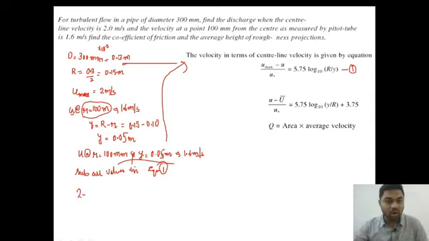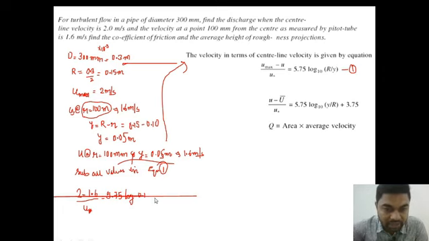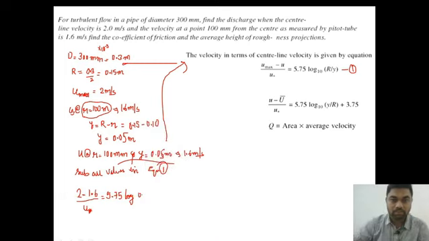Minus the velocity at small r equal to 100 mm, or at the distance of 0.05, which is 1.6, divided by the shear velocity u star, which we don't know yet, is equal to 5.75 log of capital R, which is 0.15, by y, which is 0.05, to the base 10.